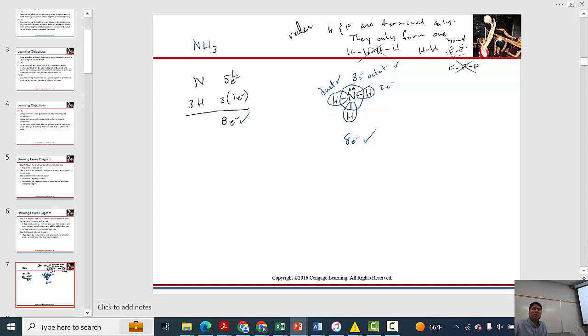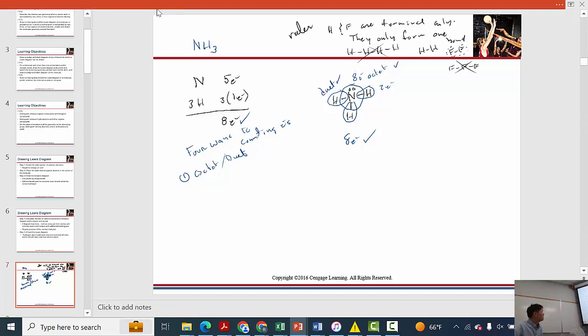There are 4 ways of counting electrons. Did I talk about them? No? Okay. The 4th way isn't exactly counting, but close. One is octet and duet. Two is formal charge.